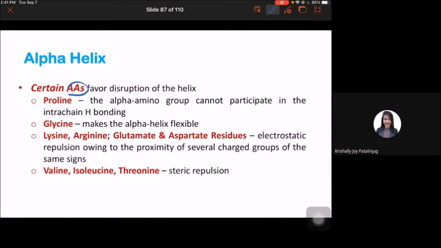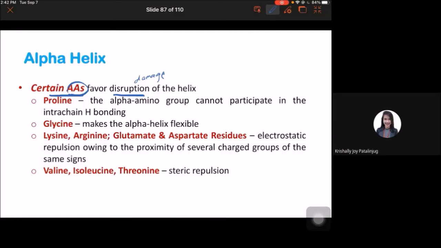In fact, we have examples of amino acids that could damage or destroy alpha helices, so they are not favorable to be present in a peptide chain forming an alpha helix.